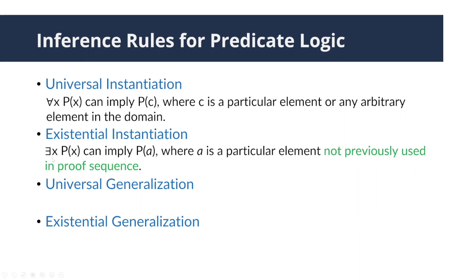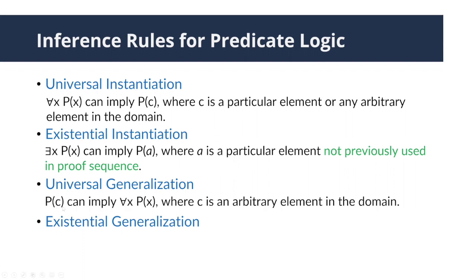Well, since for some element px is true, that means there must exist some element in the domain which has property p. Therefore, even though we don't know what this element is, we can use notation a to represent this particular element. Later on, I'm going to explain why we cannot use a notation or letter that has previously been used.